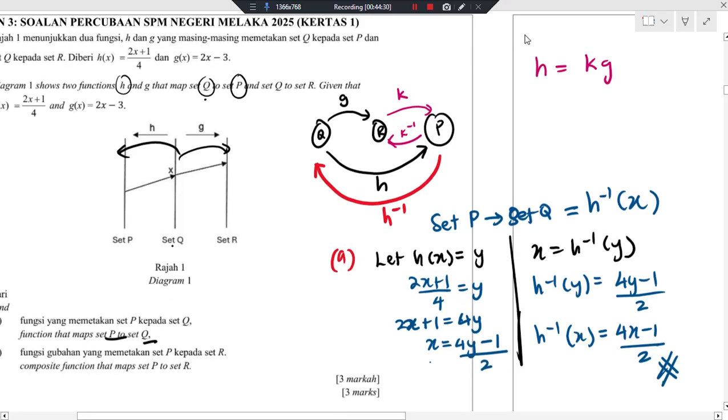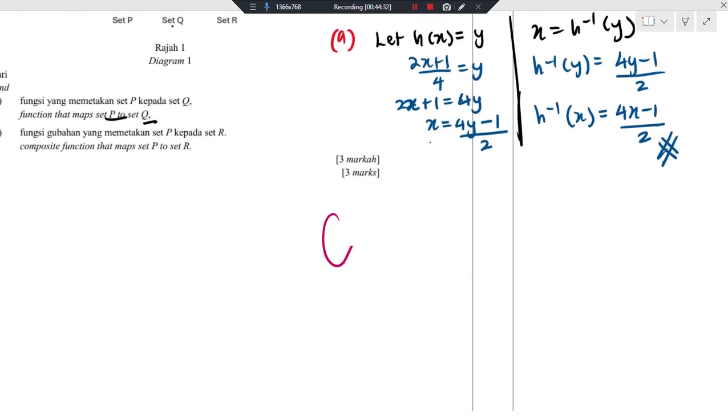If this is F, this is G, when you go one shot, it become GF, not FG. Betul tak? Sama je lah. If one shot is H, then let's say this is G, this is K. If one shot means it must be KG. Betul tak? Itu yang cikgu tulis.